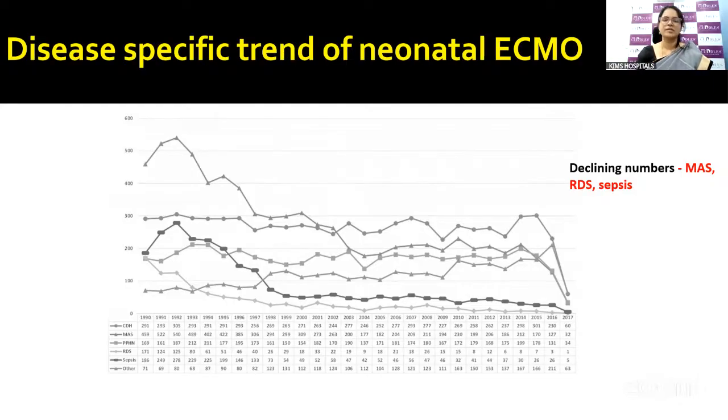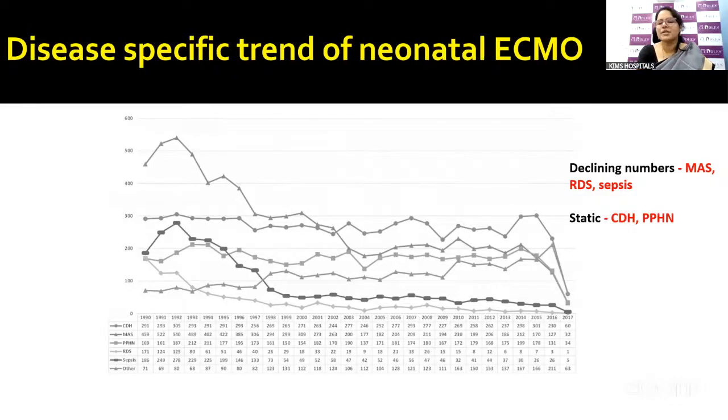There are newer surfactant preparations available, newer techniques of surfactant administration, better utilization of CPAP, and optimal utilization of advanced ventilatory techniques like high frequency oscillation with inhaled nitric oxide.